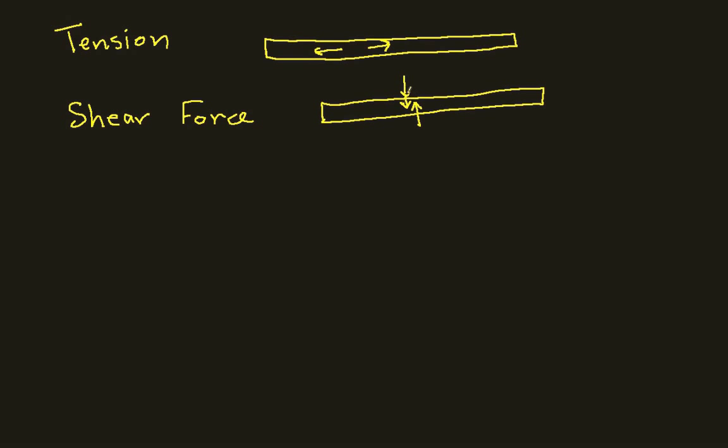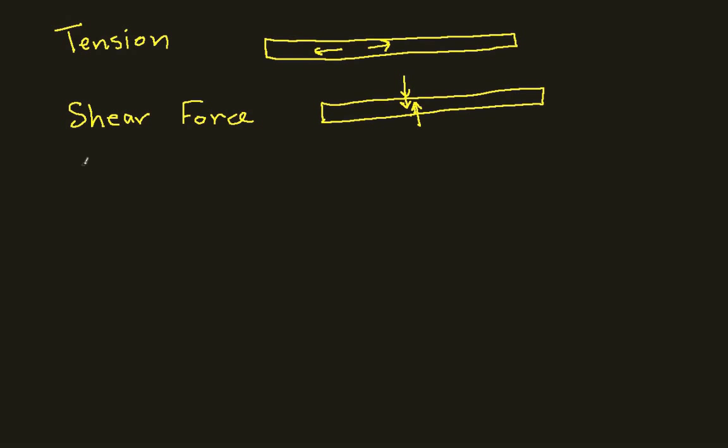So you can think conceptually of the way scissors cut things. In fact, scissors are often called shears. Scissors cut things by applying shear forces to the things they cut. So you've got one blade pushing down, one blade pushing up. And so shear force essentially means that the beam gets cut in half if you've got something that fails due to shear force.